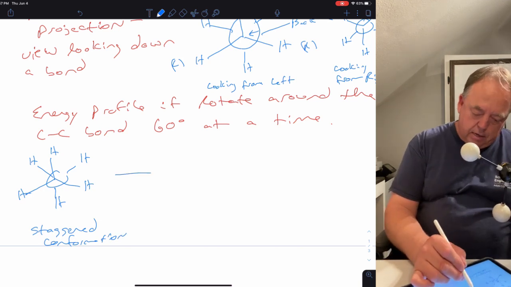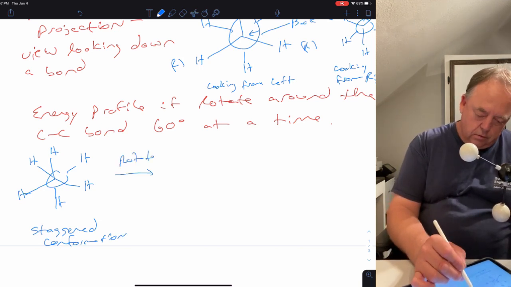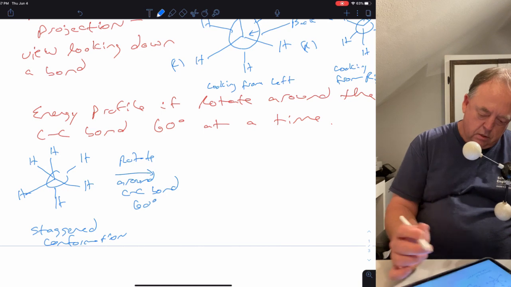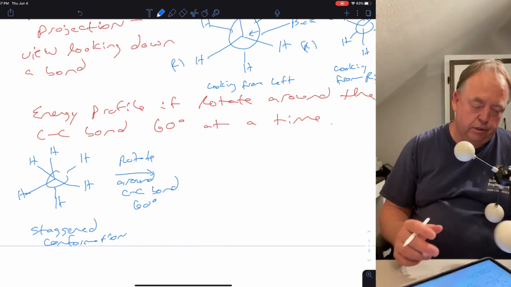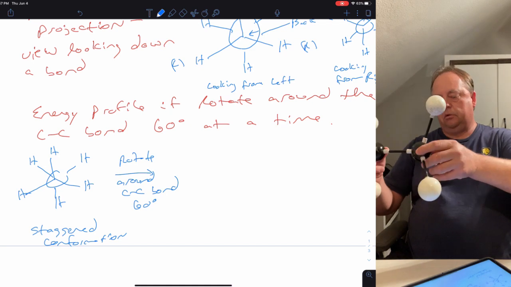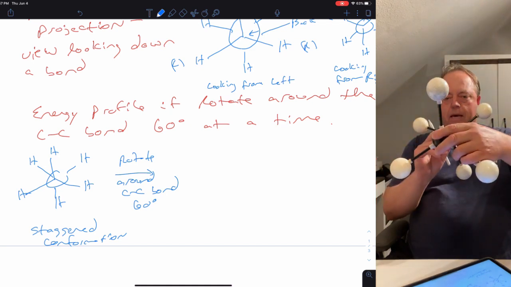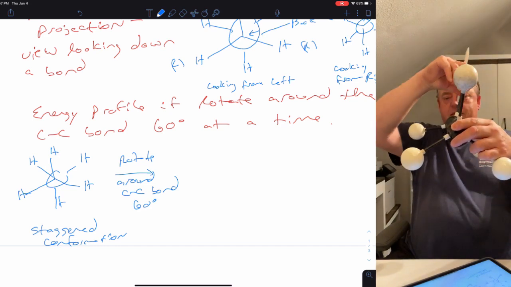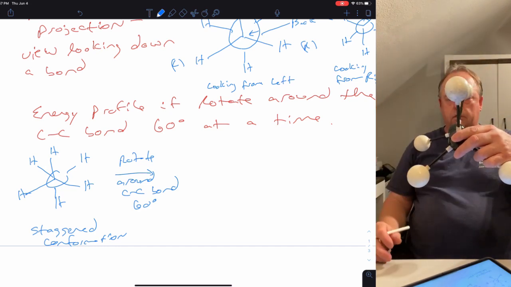Now we're going to rotate around the carbon-carbon bond 60 degrees. So we're going to keep one of the carbons fixed, this carbon you're looking at from that perspective, and we're going to rotate the back carbon 60 degrees. So then it goes like that.